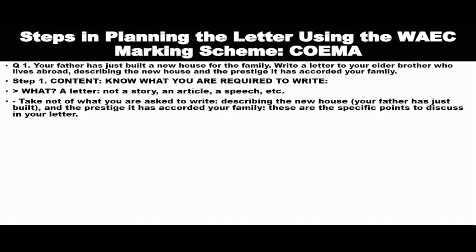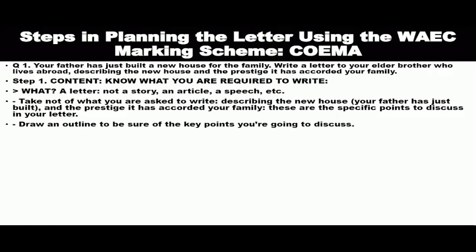The next thing is for you to take note of what you are asked to write. You are asked to describe the new house that your father has just built and the prestige it has accorded your family. Now, these are the specific points to be discussed in your letter. So you take note of this, and then having noted what you are to write, you give it a thought and draw an outline to be sure of the key points you are going to discuss.